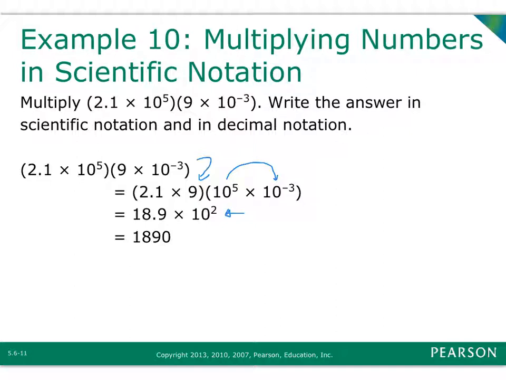So we have 18.9 times 10 to the 2. We know that 10 to the 2 is 100. We multiply 18.9 by 100, and all we have to do is move the decimal over 2 places, and we get 1,890.